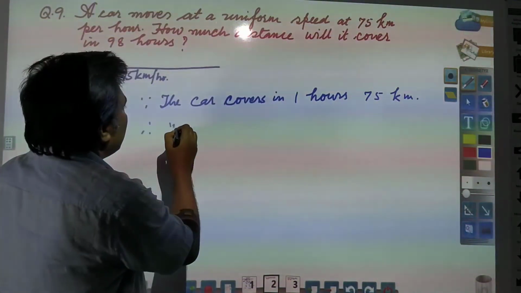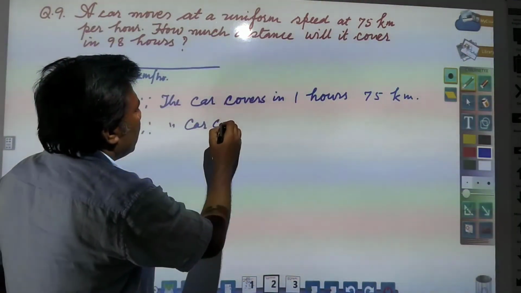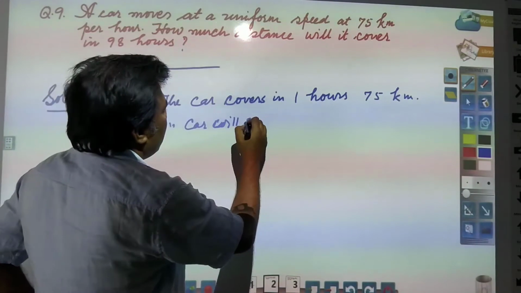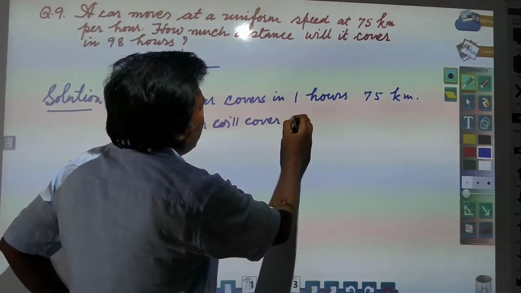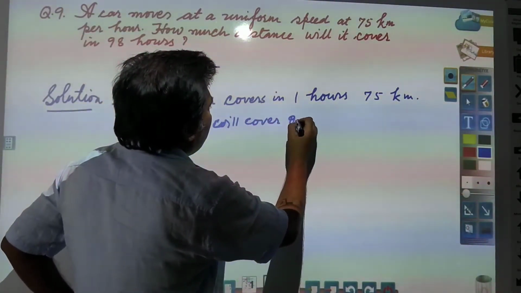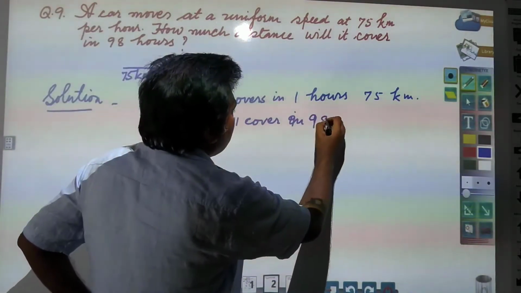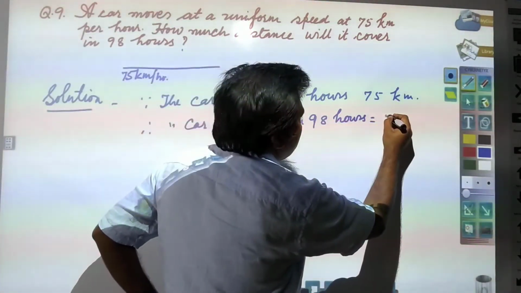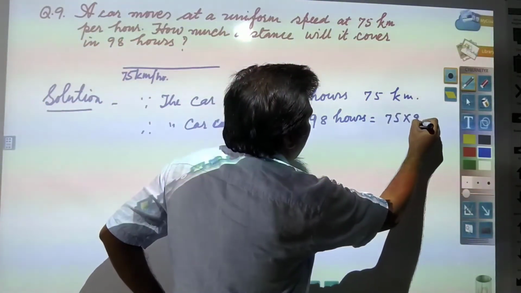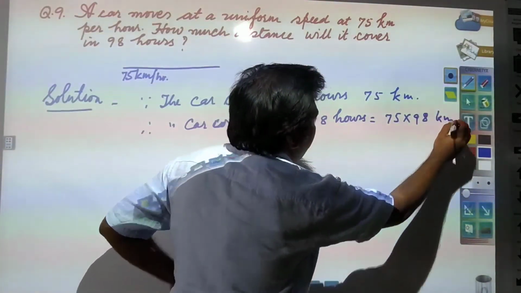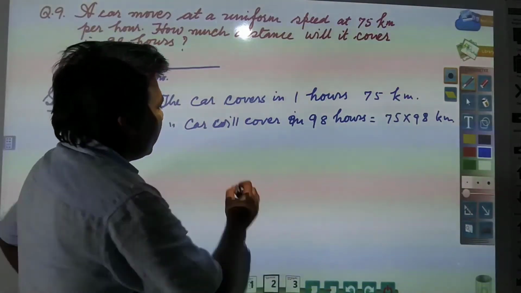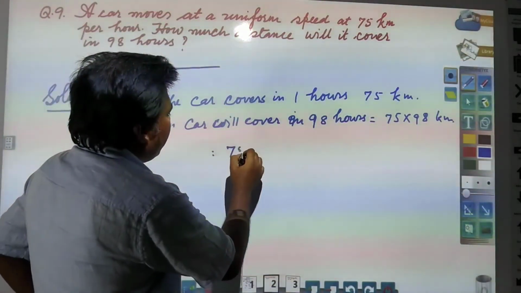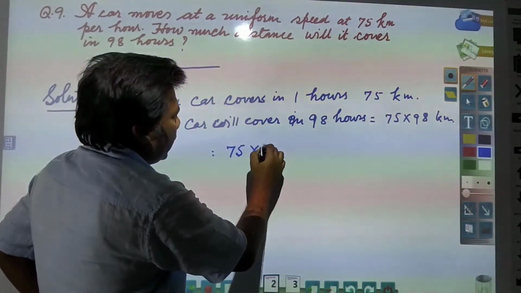Therefore the car will cover in 98 hours, how much distance? 75 into 98 kilometers. This is required to be simplified. So we will write 75 into 98.